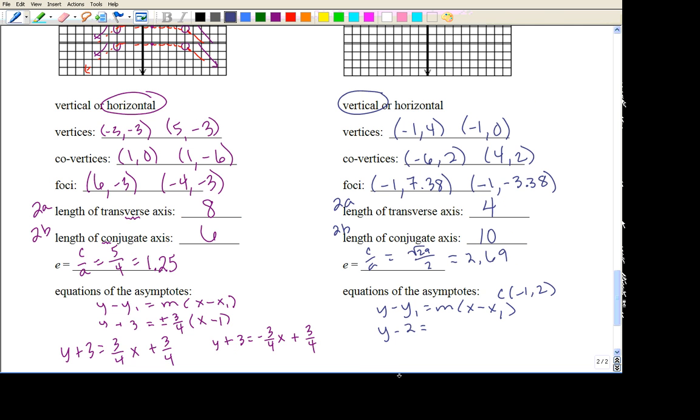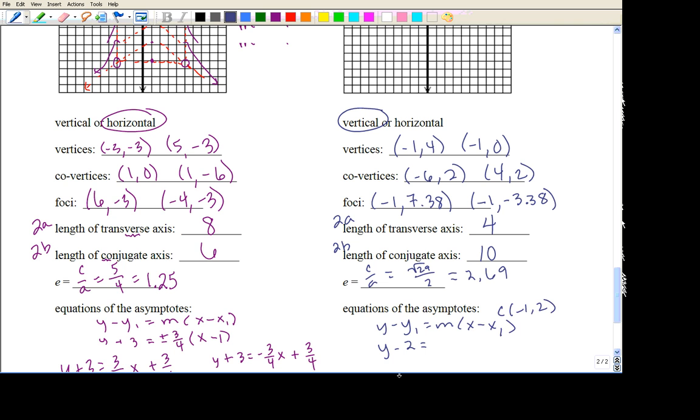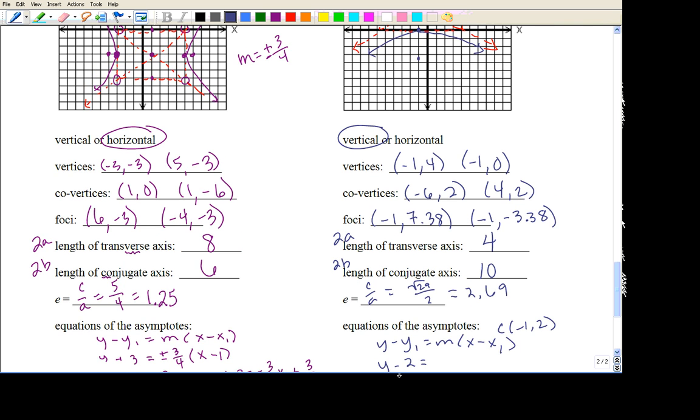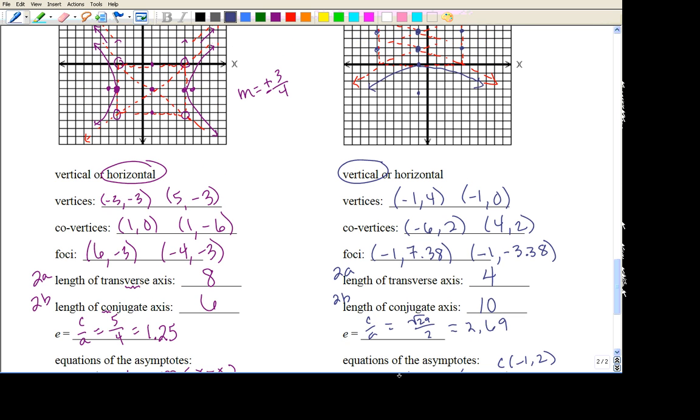Remember, we're going to start from the center, and then we're going to count out to the corners of the central rectangle. So if we're going up, we'll go up 2 over 5. So we'll have a positive 2/5 and a negative 2/5.